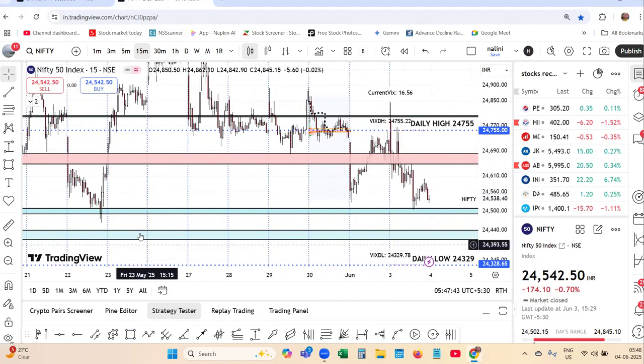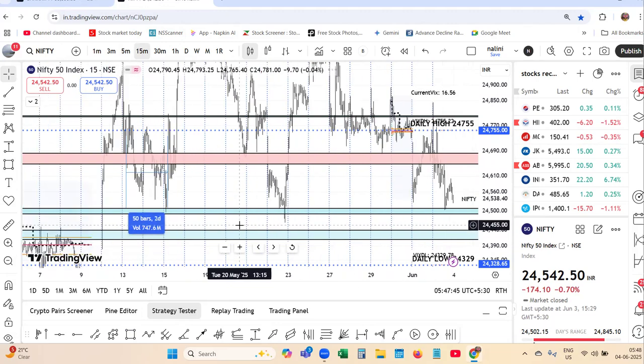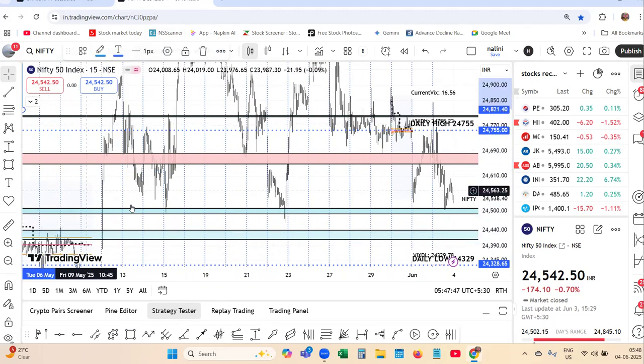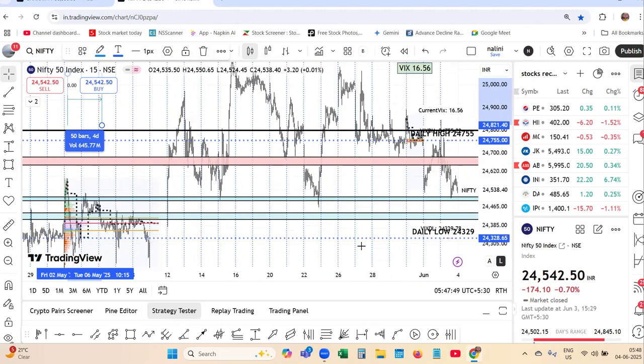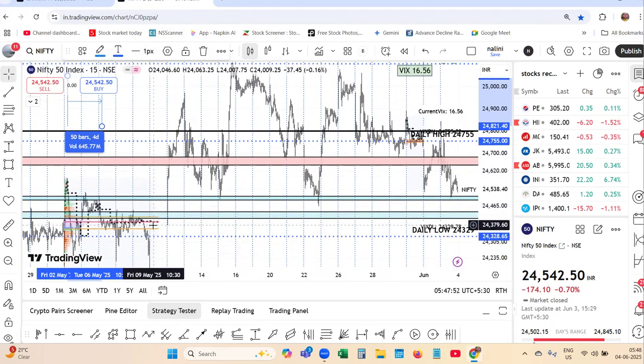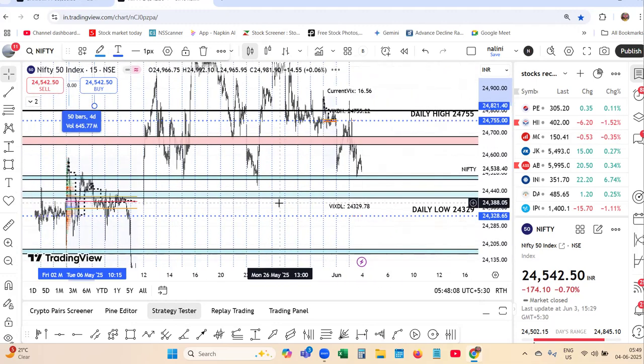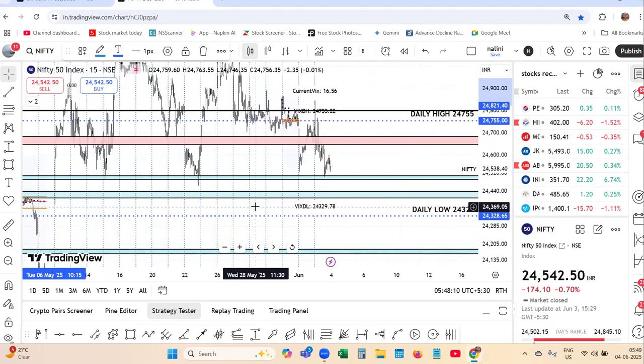Now, it has to grab the liquidity beneath these levels, and there is the point of control over here and a low volume node. So everything is placed aligning with the point of control, the low volume node and the VIX levels. Everything is aligned there. 24,329 and the point of control, everything is aligned there.